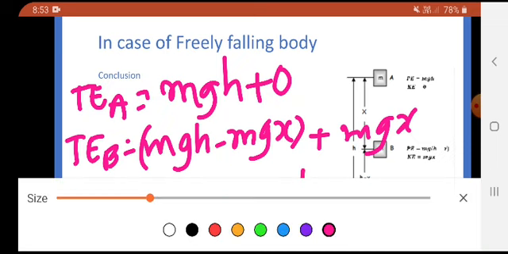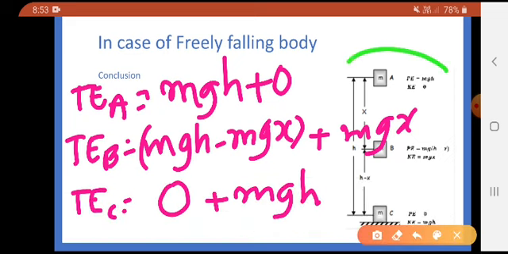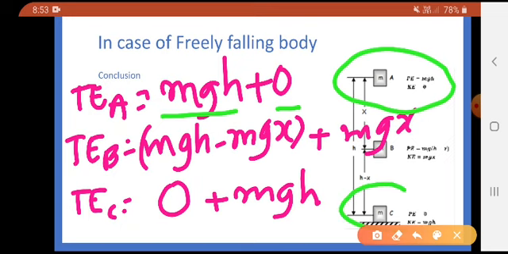Right? So now observe this. At position A, the total energy is in the form of potential energy and no kinetic energy. The maximum total amount of energy is in the form of potential only. Coming to the end point, position C, the potential energy becomes 0.